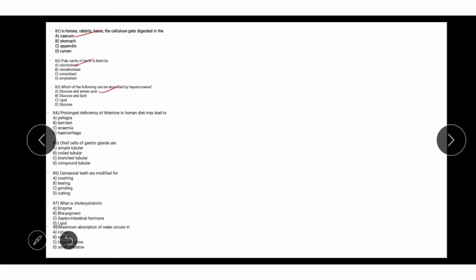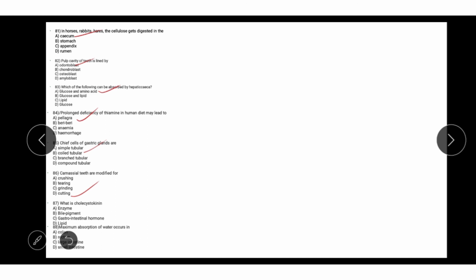Glucose and amino acid. Prolonged deficiency of thiamine in human diet may lead to beriberi. Chief cells of gastric glands are coiled and tubular. The canine teeth are modified for cutting.